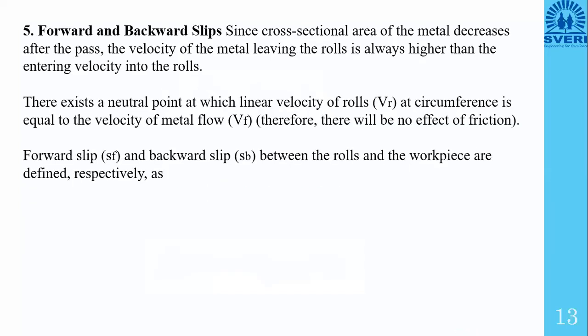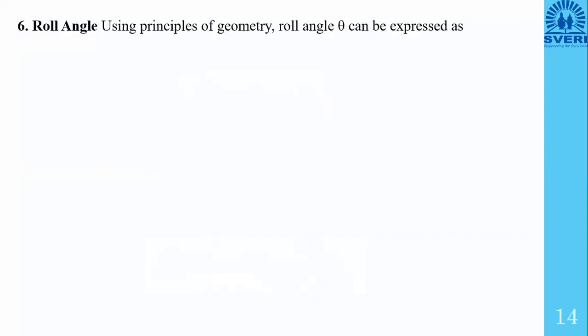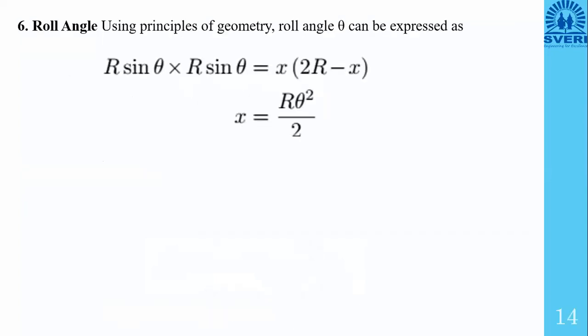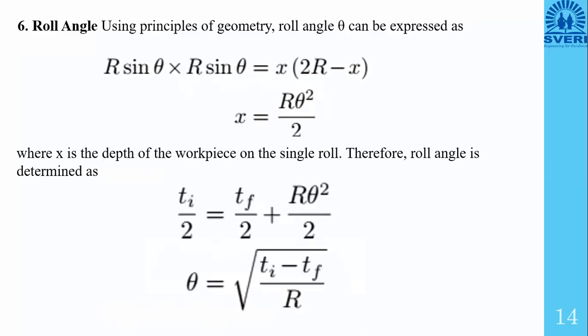Then we went through backward and forward slip. Then roll angle, how that theta is to be calculated, or how that x is to be calculated. X is nothing but Ti minus Tf divided by 2. And then again theta, how it is calculated. That theta formula is root of Ti minus Tf divided by R, that is the roll radius.